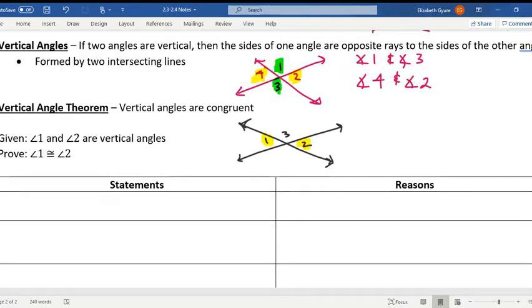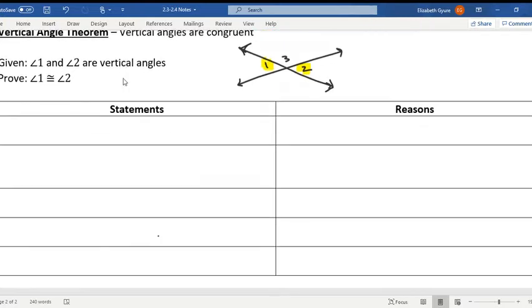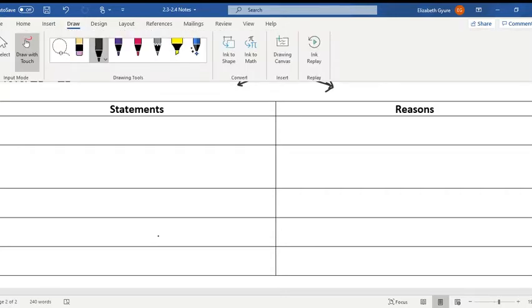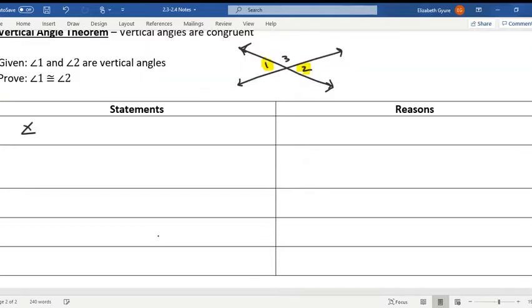We want to prove now that they are congruent. So let's go ahead and fill in some of our information here. We have our given that angle 1 and angle 2 are vertical angles.